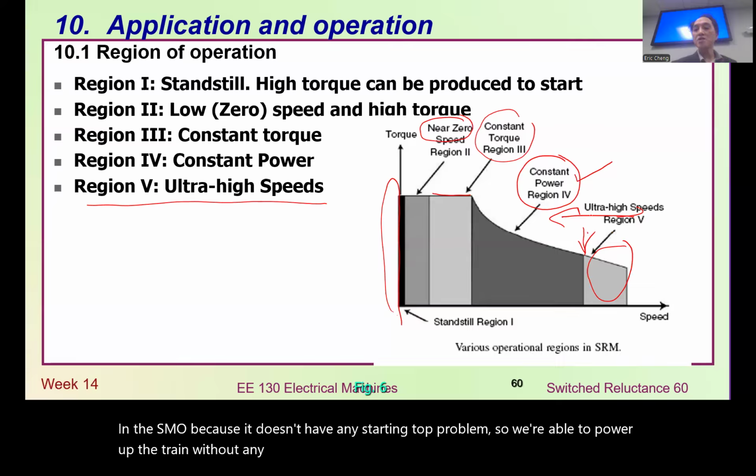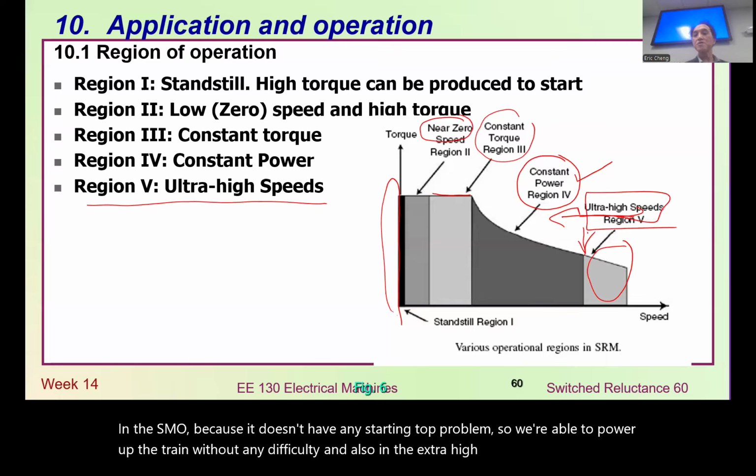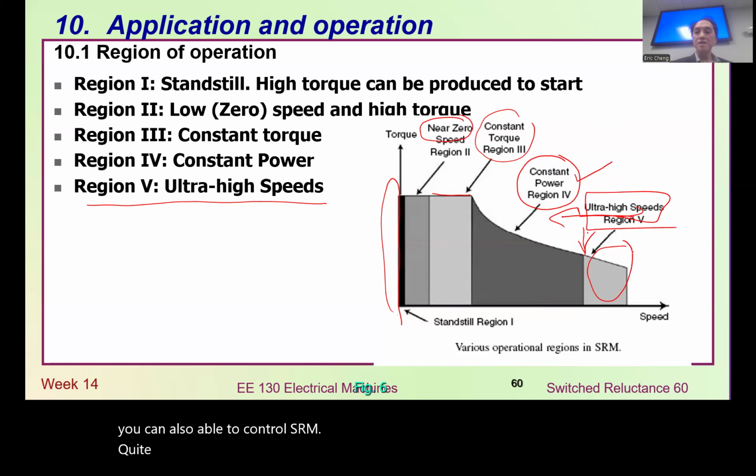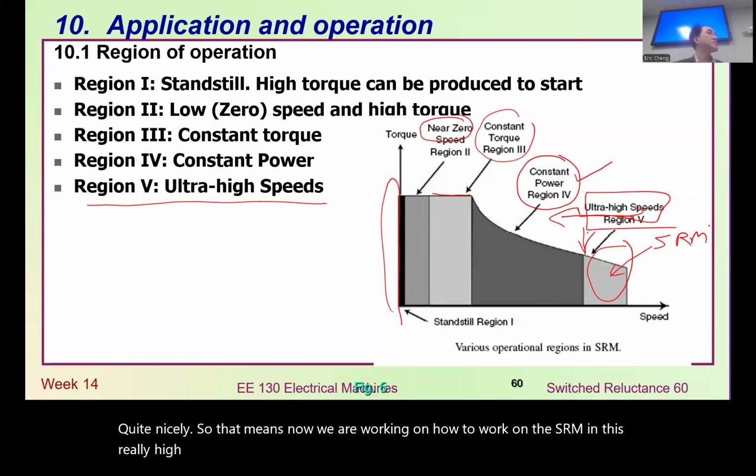And also in the extra high-speed region, you can also control the SRM quite nicely. So we are now working on how to operate the SRM in this really high-speed region, for some special aircraft and also train applications.